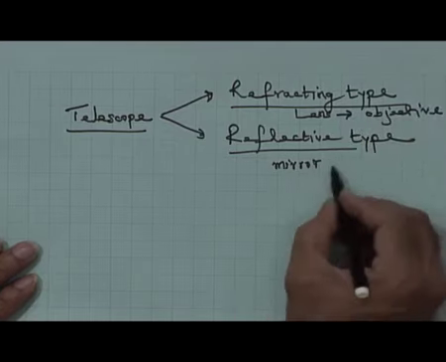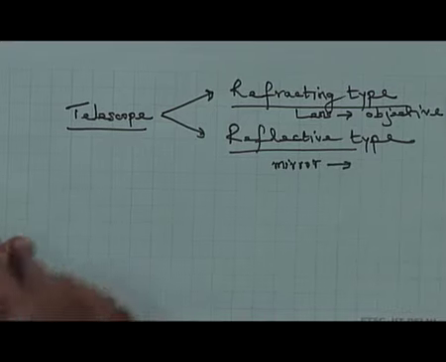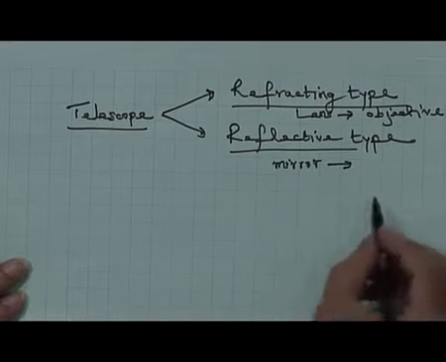This is the primary difference between a reflective type of telescope and a refracting type of telescope.